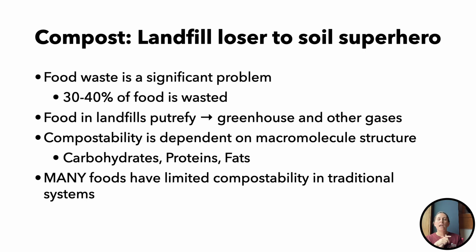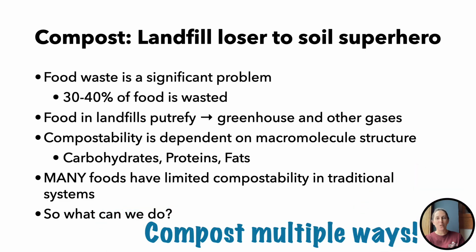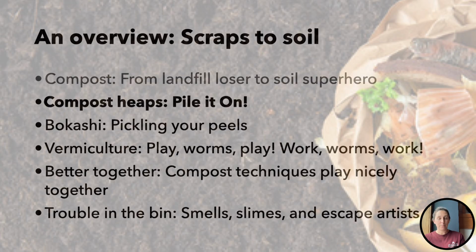And a great number of foods have very limited compostability in traditional systems, including animal products and things that are very acidic. So the question is what can we do? And I say, we compost multiple ways. So with that, we're going to move on to our techniques.